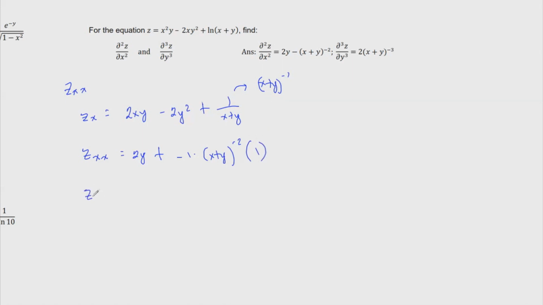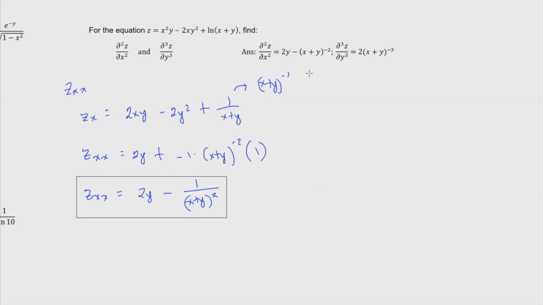So finally, our answer for the second partial derivative of z with respect to x is 2y minus 1 over the quantity x plus y, squared. Okay, so this is our final answer for the second derivative of z with respect to x.